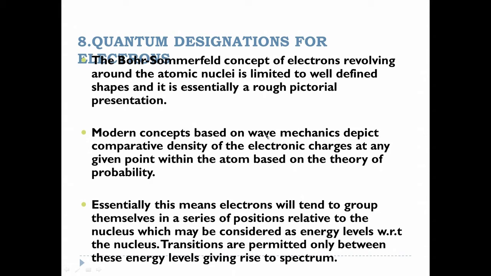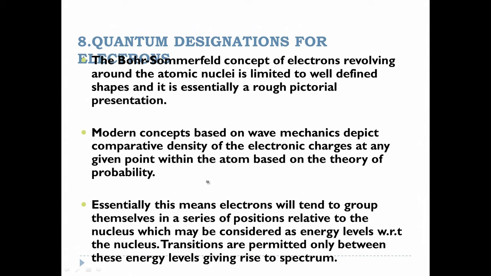There will always be a certain amount of distortion, depending upon how mathematically correct you could be in incorporating the basic conditions of the transitions. So, the modern picture based on wave mechanics depicts the comparative density of the electronic charge at any given point within the atom, based on the theory of probability.